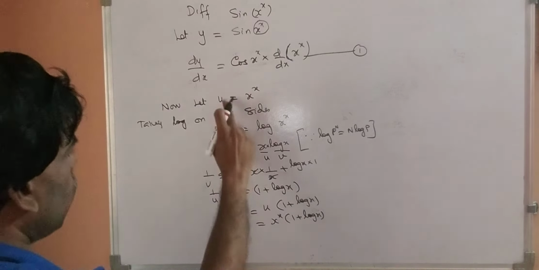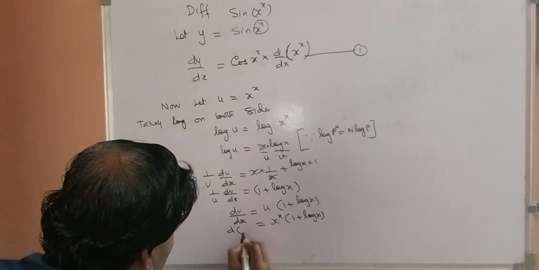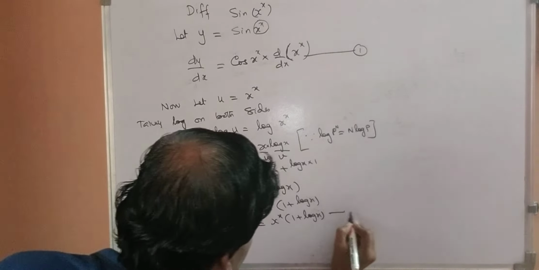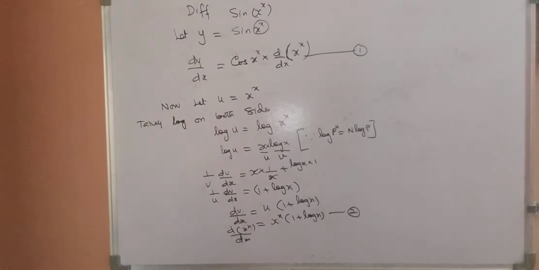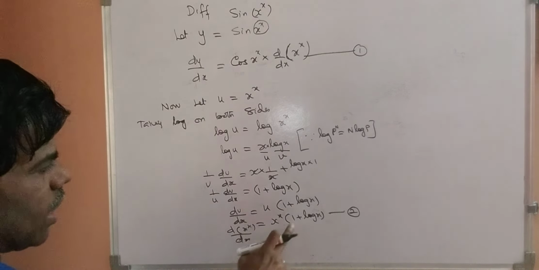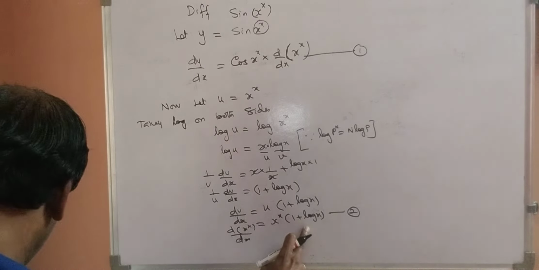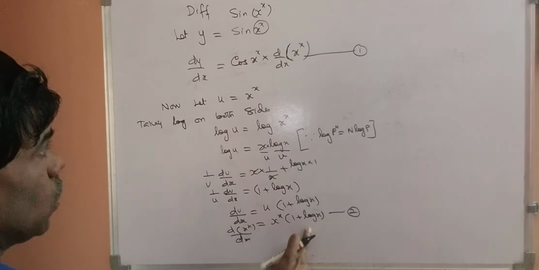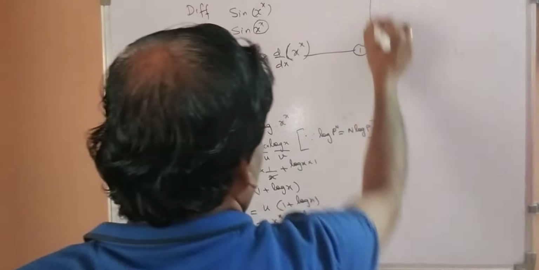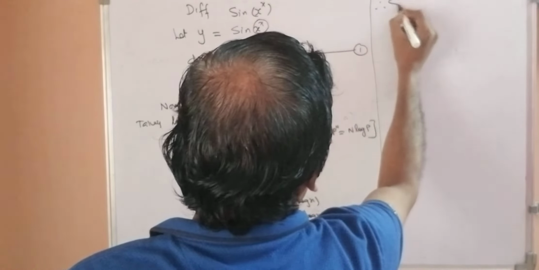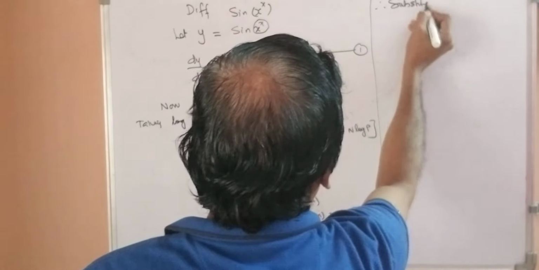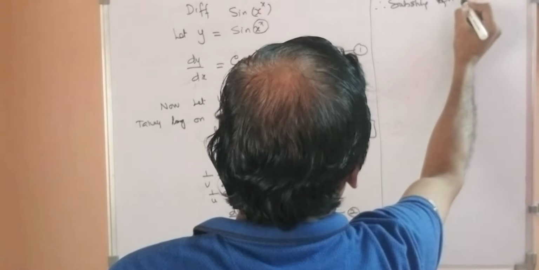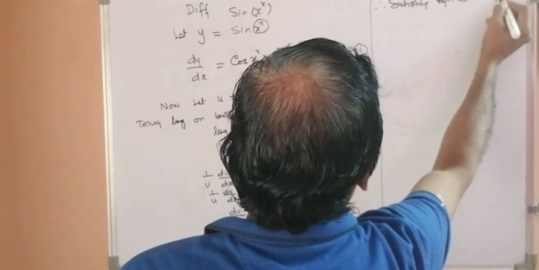That means the derivative of x to the power x is this. So what is the derivative of x raised to x? x raised to x into 1 plus log x. So this we will substitute here. Therefore, substituting equation 2 in equation 1.